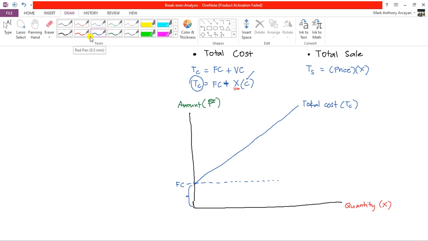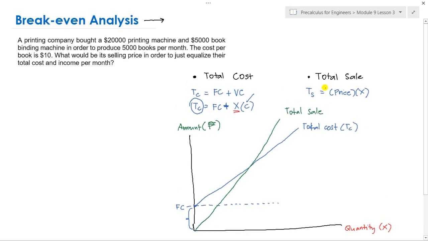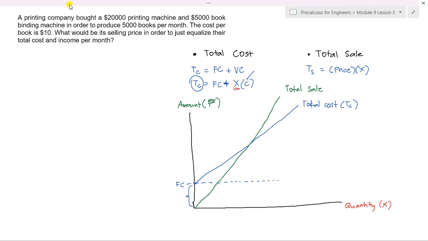Therefore our total sale starts at 0, and then it increases as you sell more, until it crosses your total cost line. So this now is the total sale.